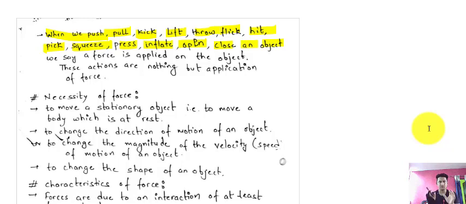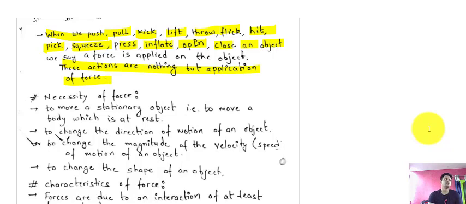That means when you are pushing someone, pulling ropes, kicking a ball, lifting any object, throwing or flicking. Flicking means, in cricket, hitting the ball with the help of your bat. Hit, pick, anything: these actions are nothing but applications of forces.